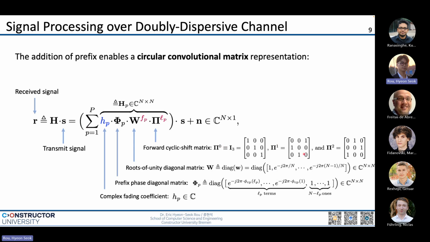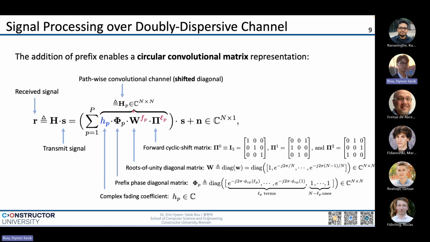Pi to the power 1 is the delay shift of 1, which shifts the diagonal to the left, or in terms of the effect on the signal, shifts the coefficients to the right. And then l_p here is the effect of the delay, the delay terms that we saw before, which are always going to be integer. That's why this satisfies the integer power of the matrix. With all of these coefficients and the parameters of the channel, we have defined the circular convolutional channel.